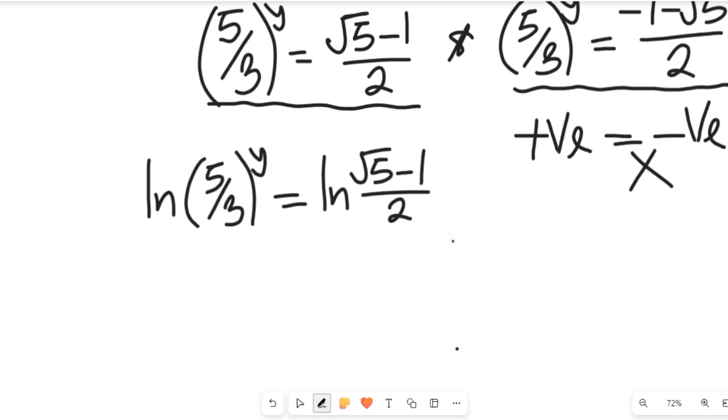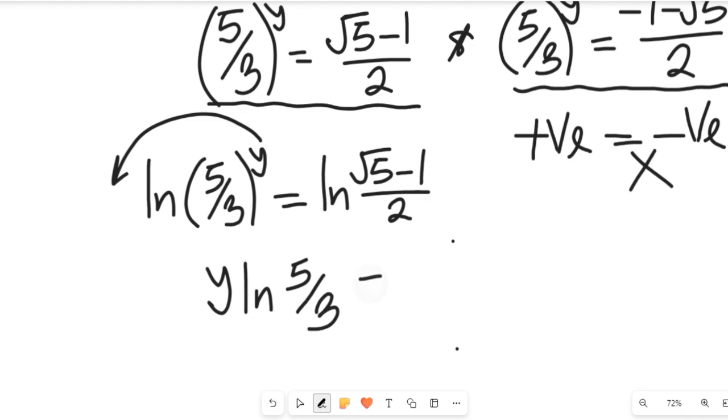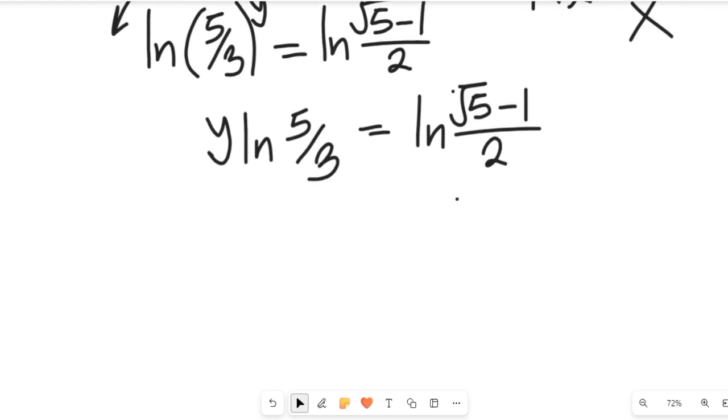Now, according to the laws of logarithm, this will come over here to give us y multiplied by the natural log of 5/3, and this will be equal to the natural log of (√5 - 1)/2.